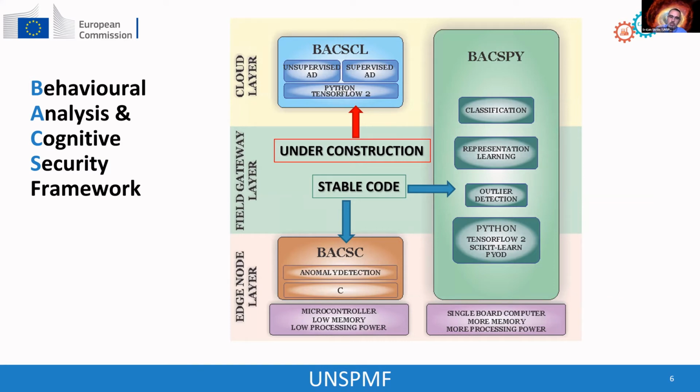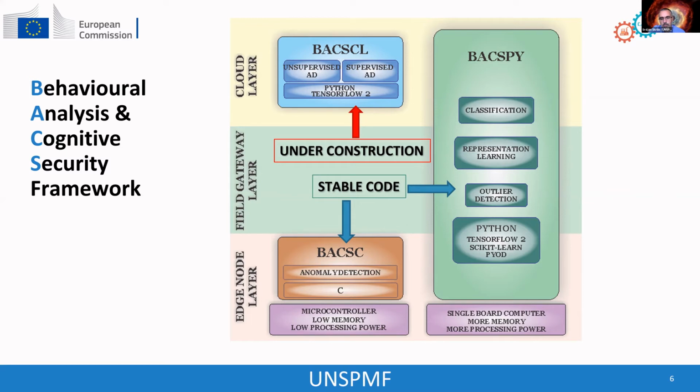So you see at the edge node layer, we distinguish between these two lilac boxes for the two use cases. The left one is the logistics use case, and the right one is the smart factory use case.